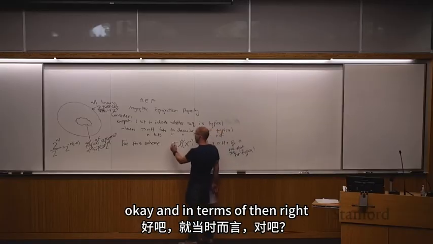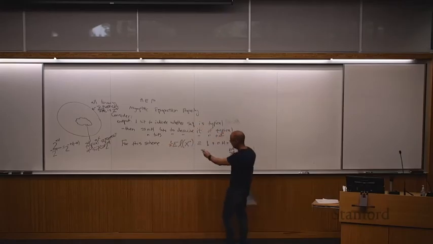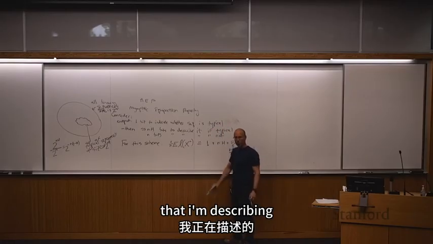In terms of expected number of bits per source symbol, I'm normalizing by the number of source symbols that I'm describing.